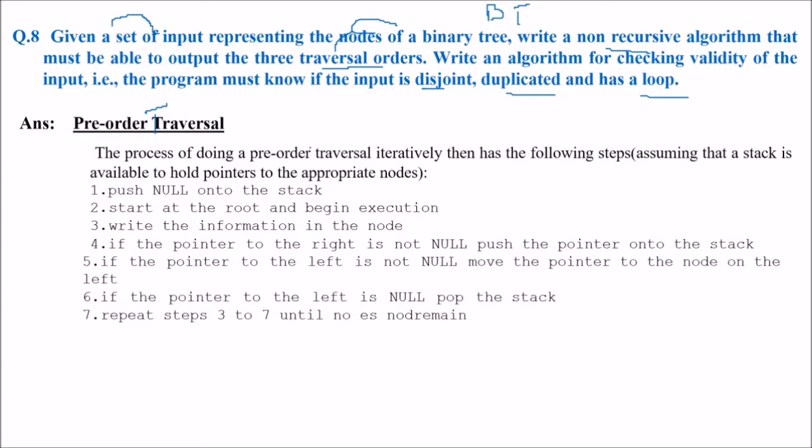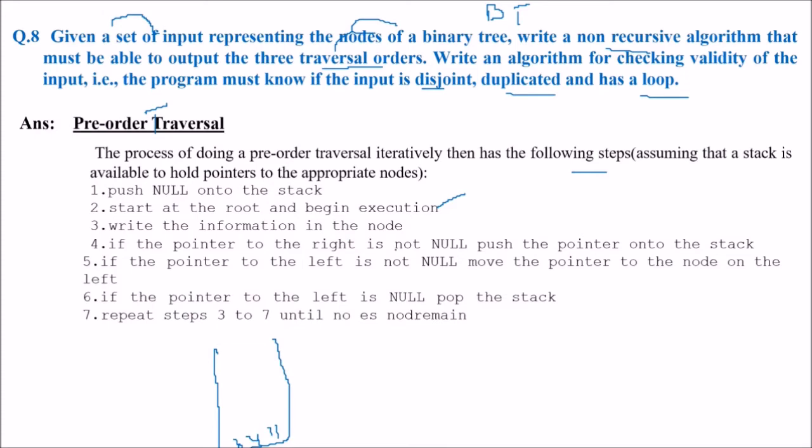The process of doing pre-order traversal iteratively has the following steps, and we assume that a stack is available to hold pointers to the appropriate nodes. We push null onto the stack. Then we start at the root and begin execution and write the information in the node.